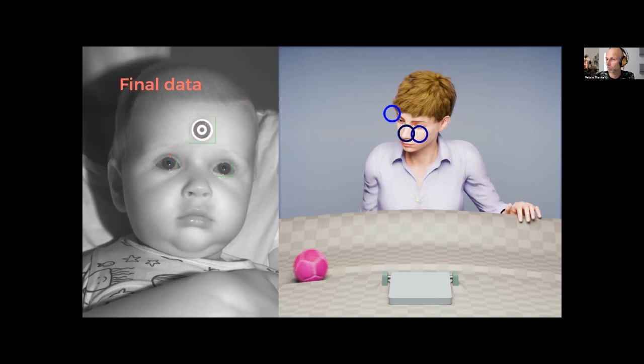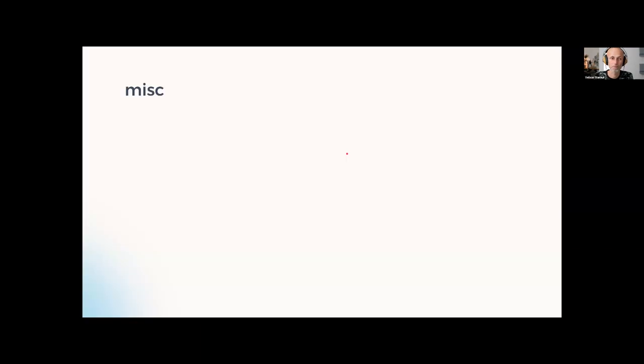And of course, we want to know where the baby looks, not only for eye tracking purposes, but because the luminosity of the zone of the image can also influence the pupil size. So that is quite informative, actually.